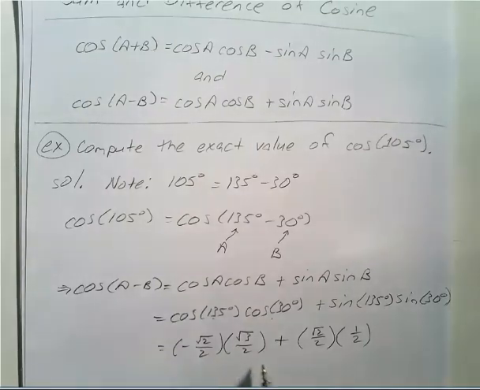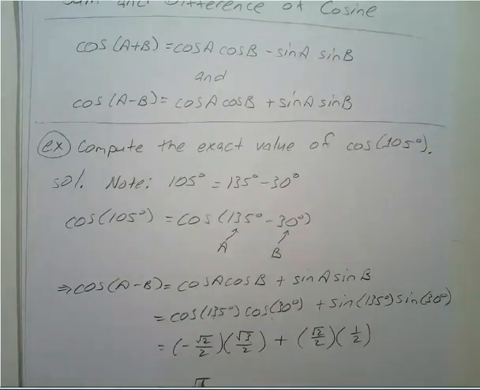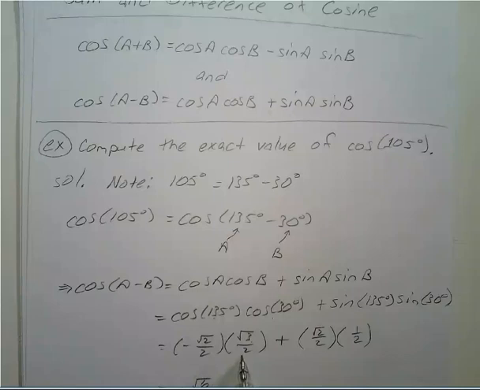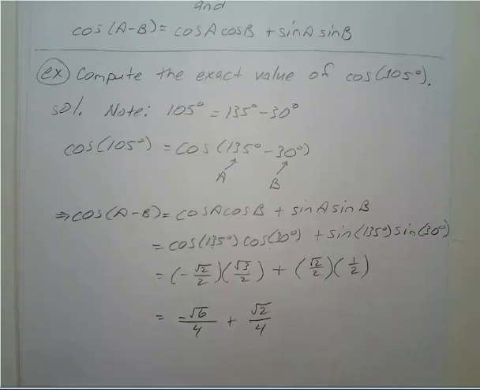If we simplify each term, square root of 2 times square root of 3 is square root of 6. So you have negative square root of 6 over 2 times 2, which is 4, plus 1 times square root of 2, square root of 2 over 2 times 2, which is 4.